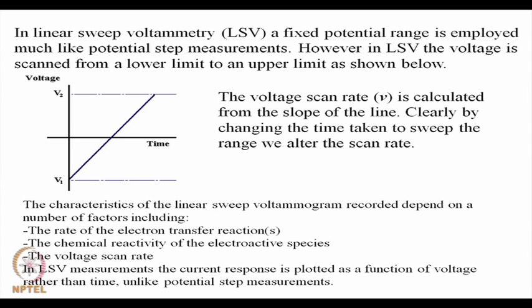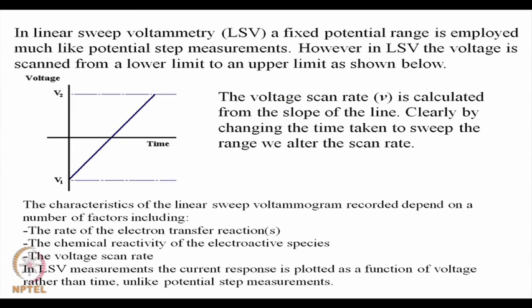Clearly, changing the time taken to sweep the range will alter the scan rate. So there is an option for changing the scan rate, and that scan rate may have some relation to the rate of electron transfer at the electrode.